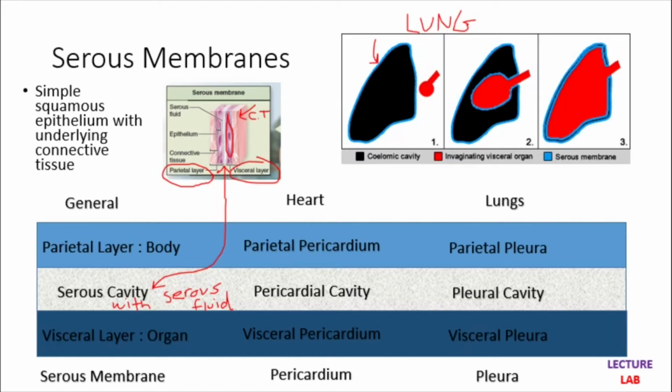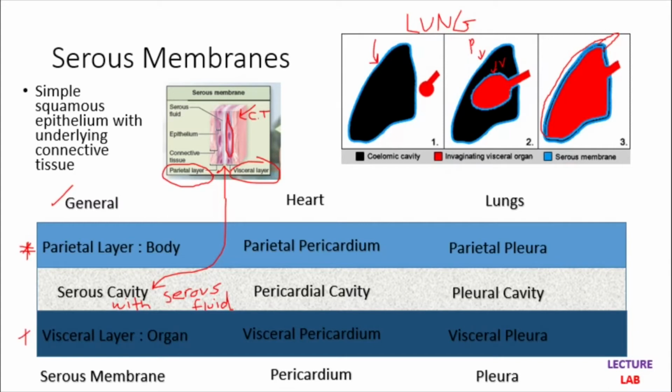And now you have the serous membrane. So in general, we know that we have a parietal layer, we know that we have a visceral layer, and then fluid in a cavity in between.